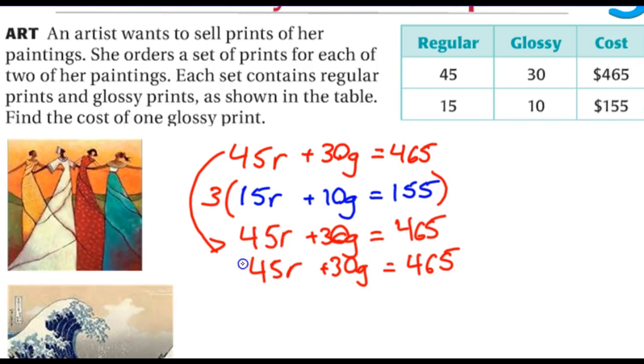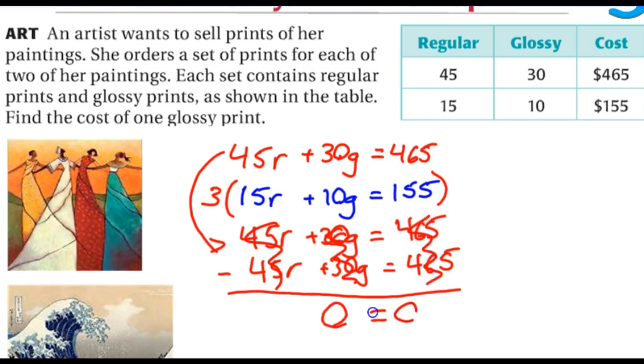Well, to eliminate these, I'm going to subtract. Now 45R minus 45R, that cancels, that eliminates. 30G minus 30G, that also cancels. 465 minus 465, that also cancels. So what we have is 0 equals 0.